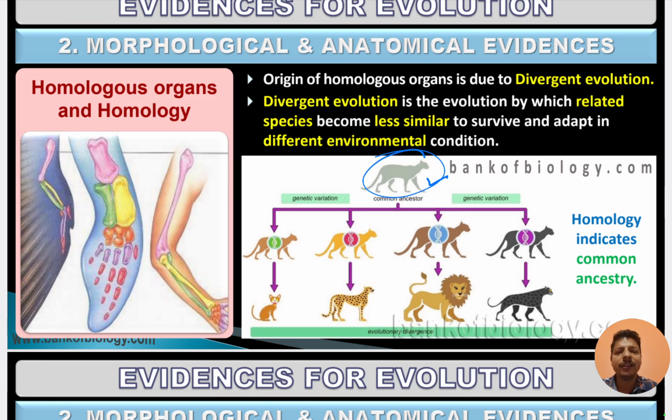And who is the common ancestor? No one knows. Let's mark it X. Genetic variations came to this one and it becomes a cat. Then again some variations came and it becomes a cheetah. Again some variations came, it becomes a lion. Again some variations came, it becomes a panther. Homology indicates common ancestry.